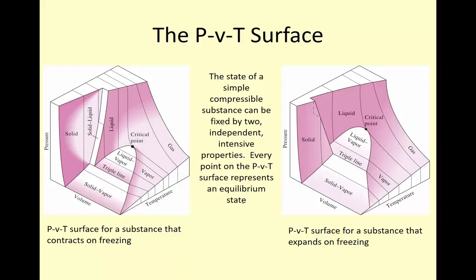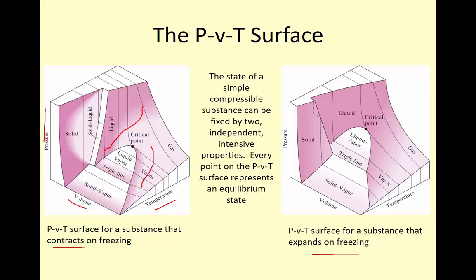So if we were to look at that in 3 dimensions, so now we have pressure, volume, and temperature, we're plotting like a 3D surface. So this is an example for a surface that contracts upon freezing. So this would not be water. Water would be something that expands upon freezing. But we can see that all of the possible combinations of pressure, volume, and temperature for a given substance have to lie somewhere on the surface of this 3D diagram.